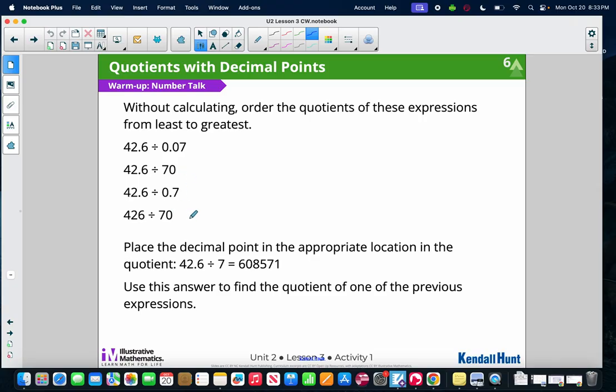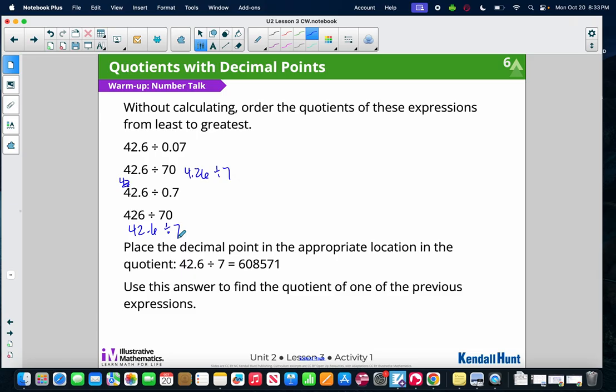And I know when I'm dividing by a power of 10, I can just move the decimal point one place to the left. And I know it's not divided by 10, but 42 and 6/10 divided by 70 would be the same as 4 and 26/100 divided by 7. And the last one would be the same as 42 and 6/10 divided by 7.